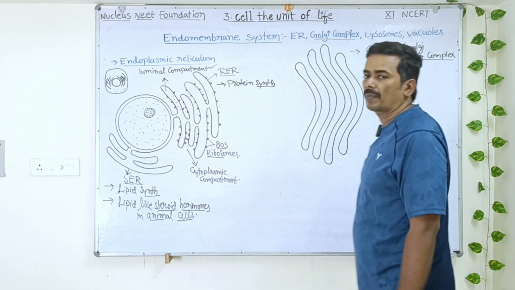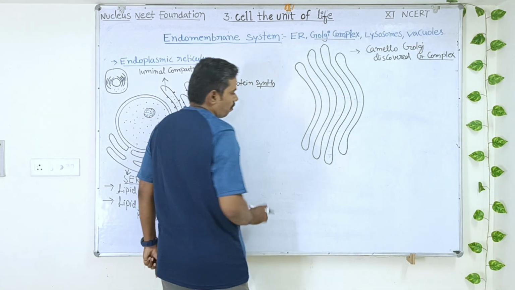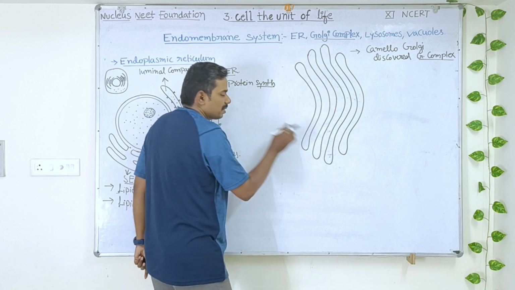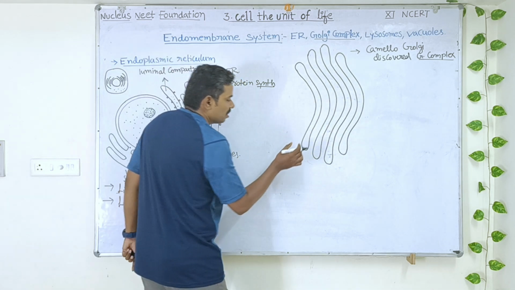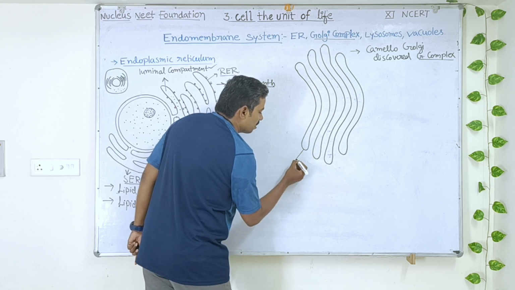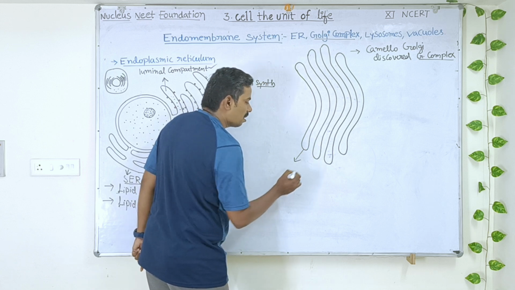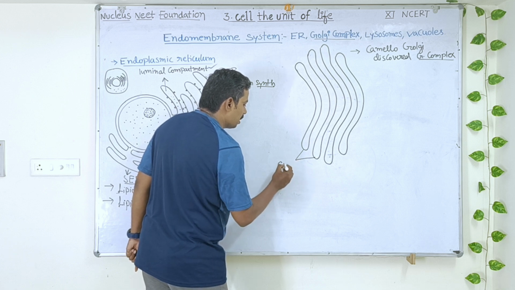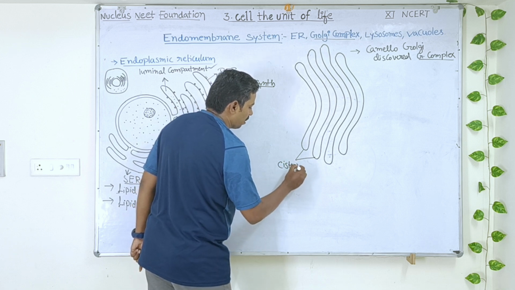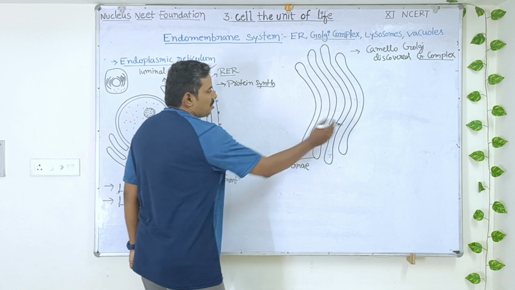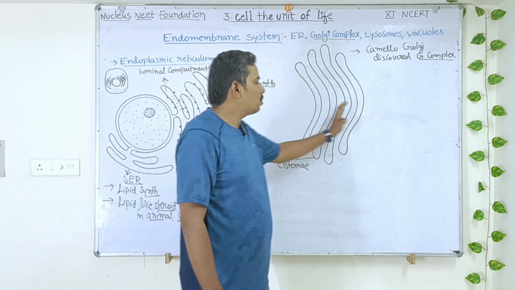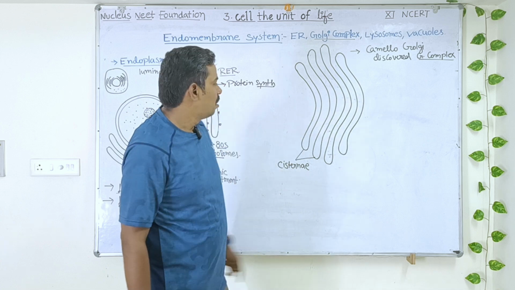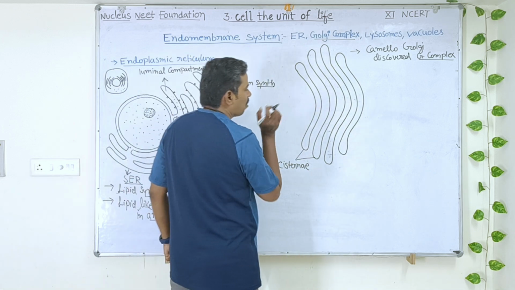Here in the Golgi complex you can see a flat disc-shaped sac-like structure. A single flat disc-shaped sac-like structure is called a cisterna, and many are called cisternae. Several cisternae are arranged parallel to each other. You can see that there are two faces in the Golgi complex.